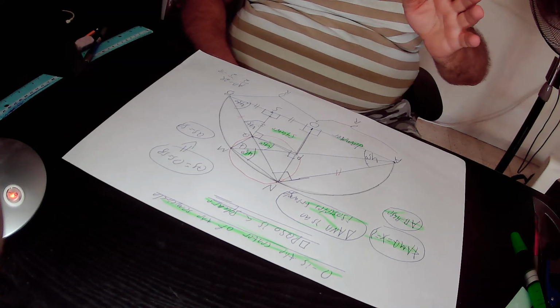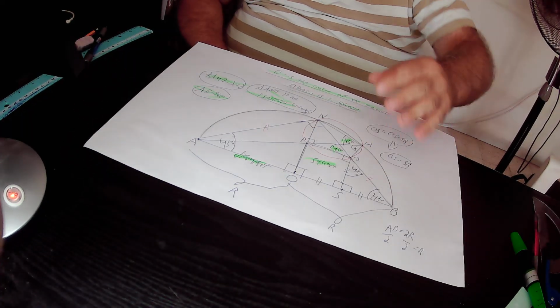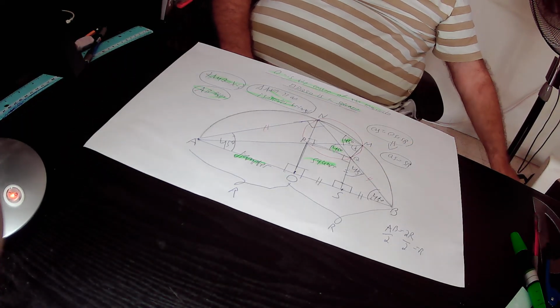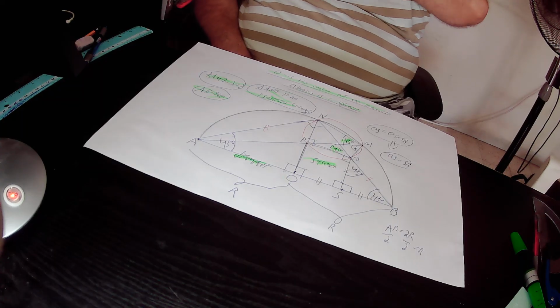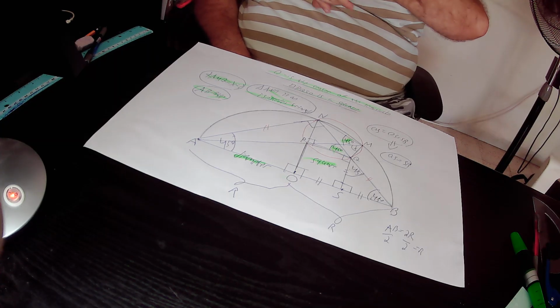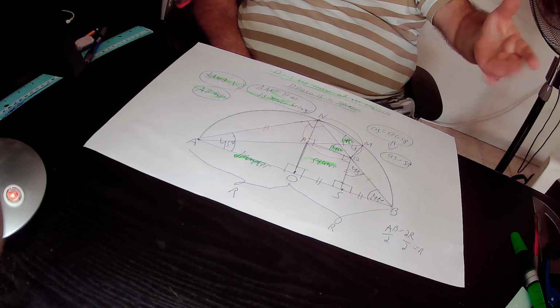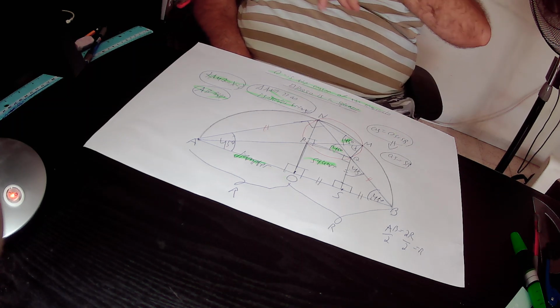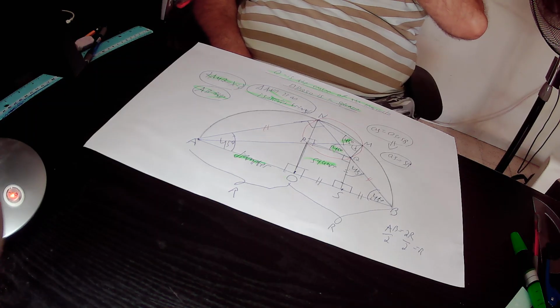So here we can implement rule 24 in our drawing. According to rule 24, the perpendicular to the base of an isosceles triangle bisects the base. Triangle ANB is an isosceles triangle. According to rule 24, the perpendicular from point N to the base AB bisects the base AB.